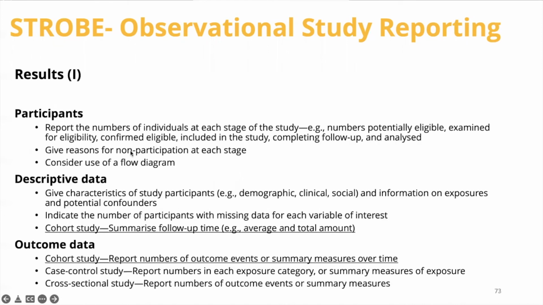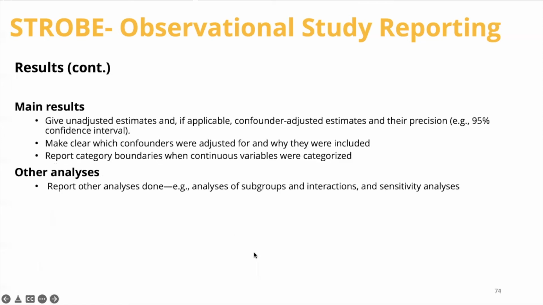And then the results section as well. Information you want to include on participants in the results section: report the numbers of individuals at each study stage, give reasons for non-participation at each stage. Descriptive data, we talked about this: give characteristics of the study participants, indicate the number of participants with missing data, summarize the follow-up time, report numbers of outcomes or the risks.